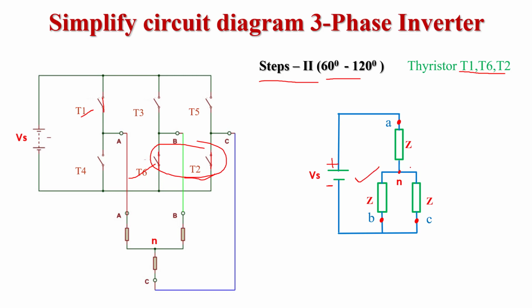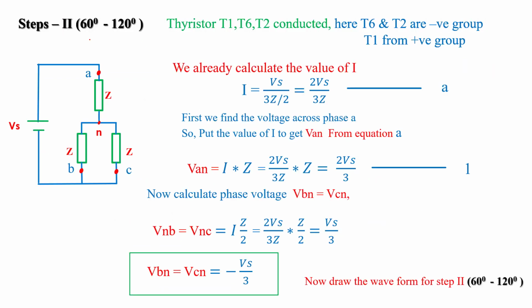So in this way we get the simplified circuit diagram for step 2. Now we calculate the phase voltage values VAN, VBN and VCN. To calculate the phase voltage for step 2, we already have the simplified circuit diagram. We already calculated the value of I, it means the current flowing through the circuit. I equals 2Vs by 3Z, equation number A, which we already calculated.